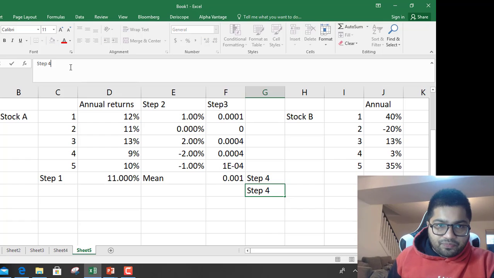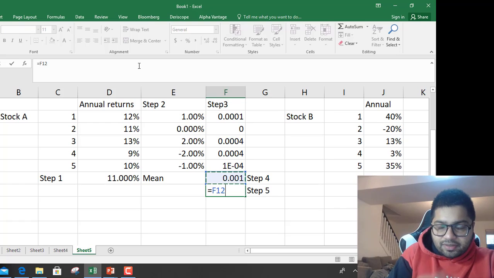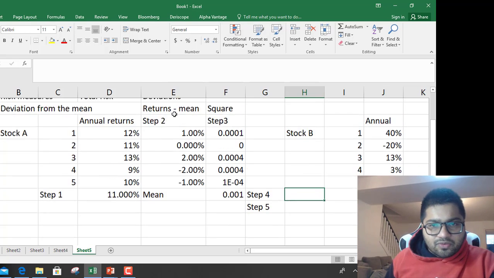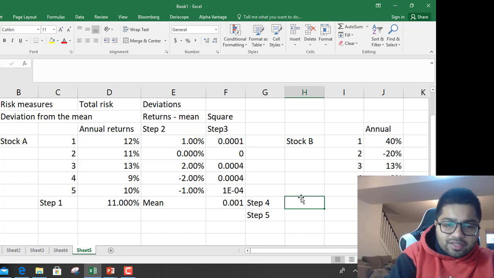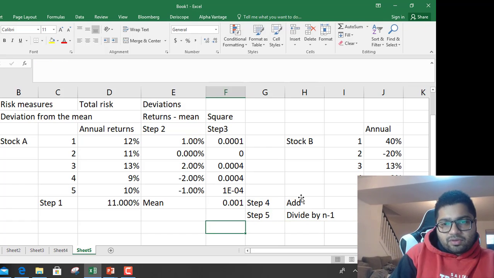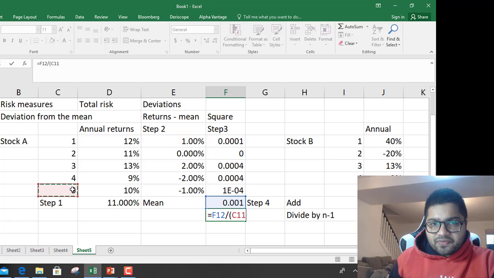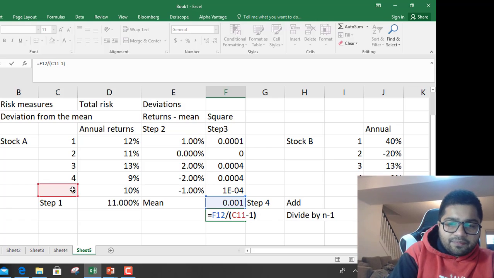Step 5, we divide whatever the added deviations were by n minus 1. I'll write down these steps before we do that. So this was square, this was add everything up, and this is divide by n minus 1. Here n is 5, the number of years, so 5 minus 1.